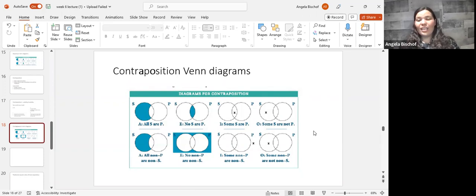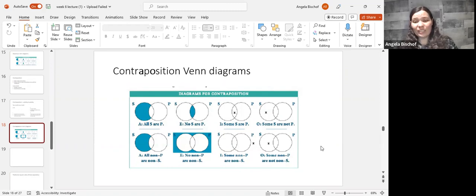It's a mouthful. What does that mean, though? It means that something exists and it's not a P and it's an S. How do I know it's an S? Because I'm canceling out my not and my non, treating that non as negation. So saying something exists that's not a P, but it's an S. And so I put my little X there in that spot that's indicating an S, but not a P.